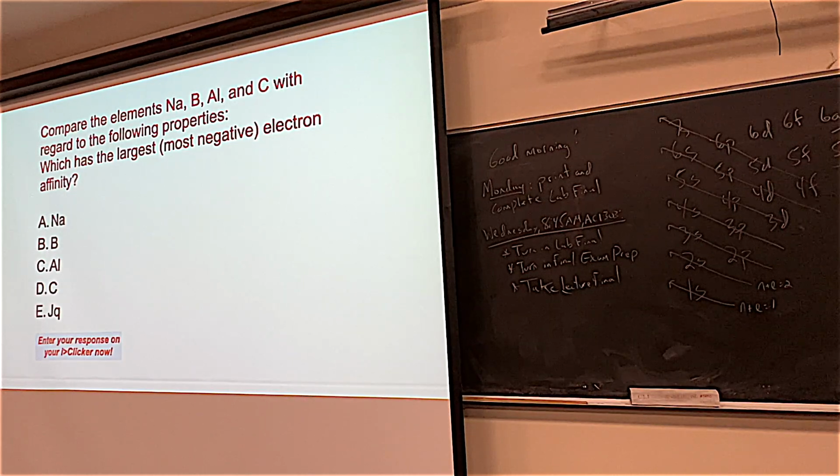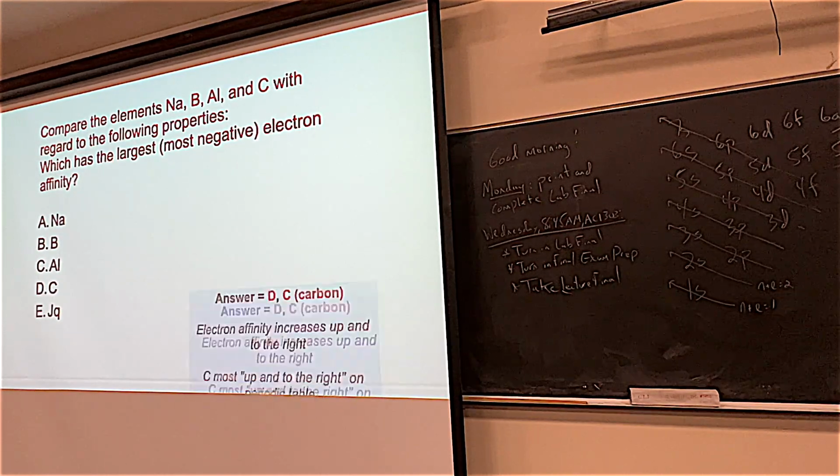So in the last example, sodium was most left and down. That's why it was biggest. On this one, we want the opposite. We want up and to the right. So sodium now is the most left and down. You go over to aluminum. Boron is above it. And then even more up and to the right would be carbon.